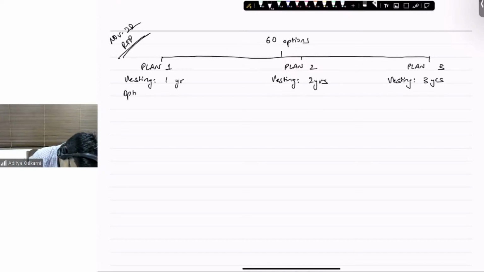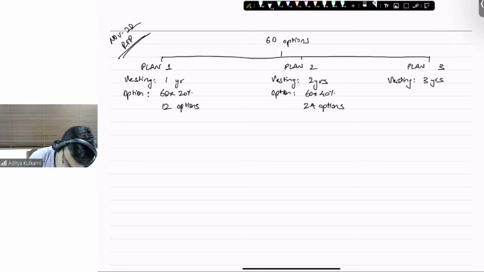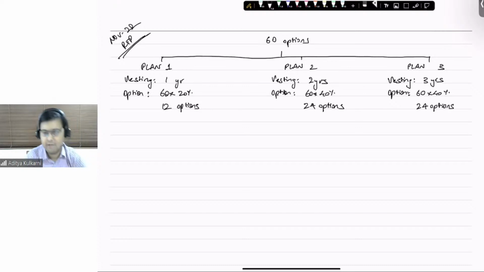Options. This is 60 into 20%. That is 12 options. How many options will be here? 60 into 40%. That is 24 options. And here 60 into 40%, 24 options.